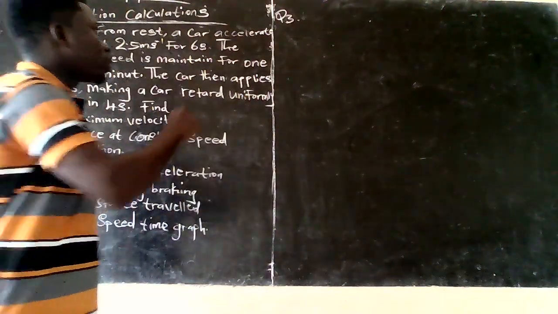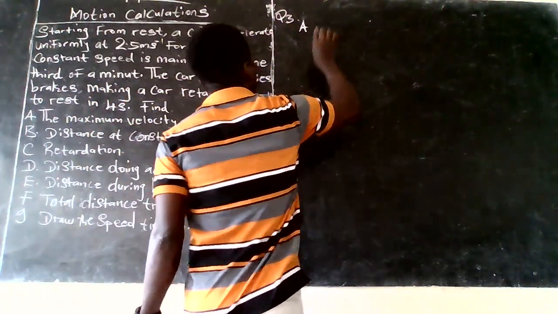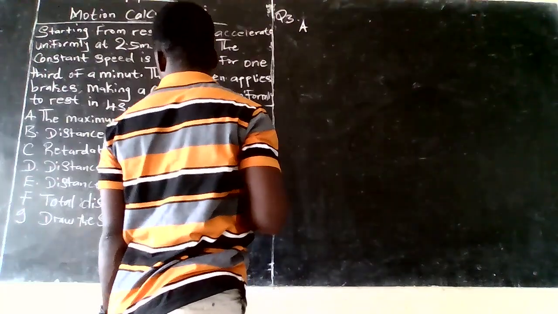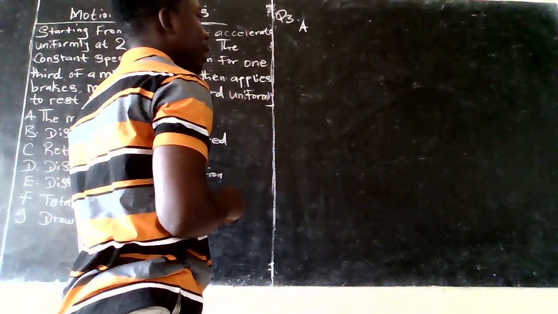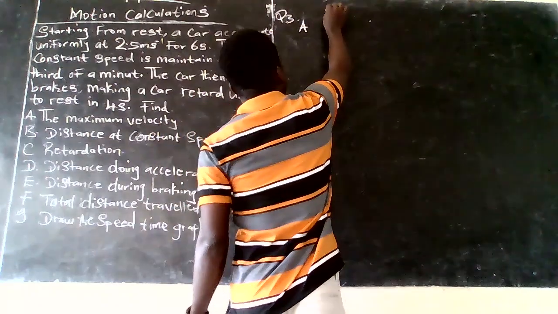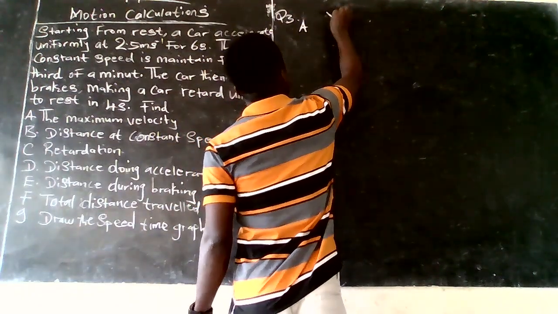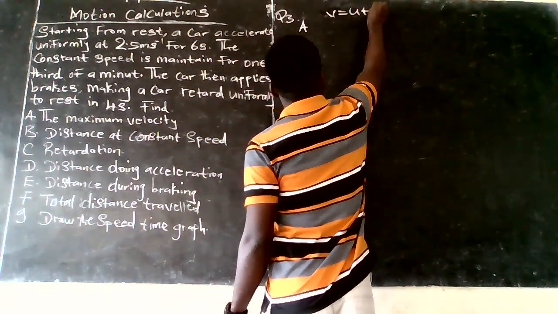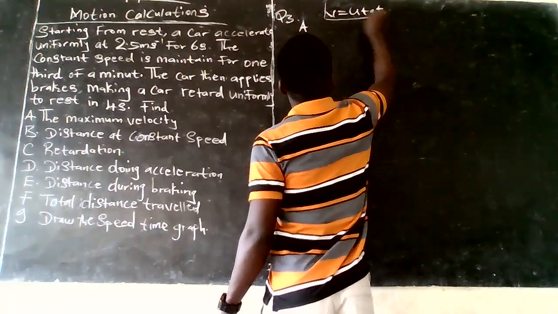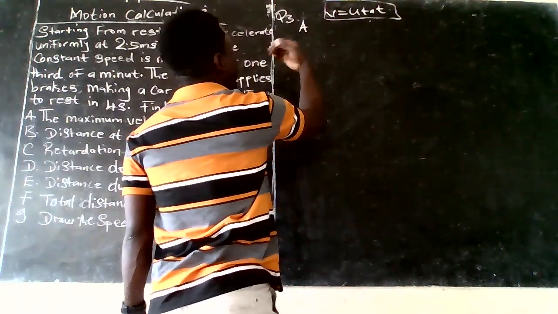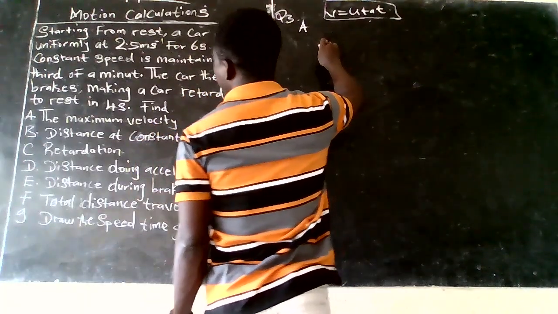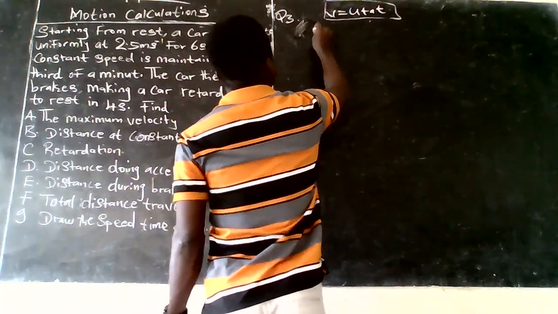So we start with A. We are asked to find the maximum velocity. And we use this formula, V equals U plus AT. So let's substitute the values.